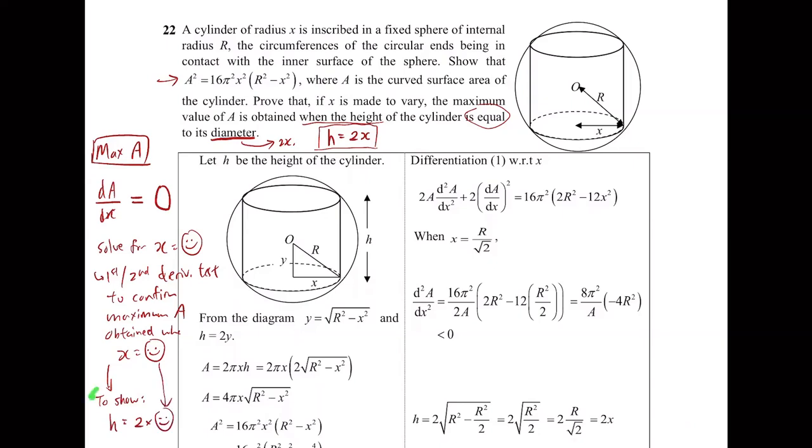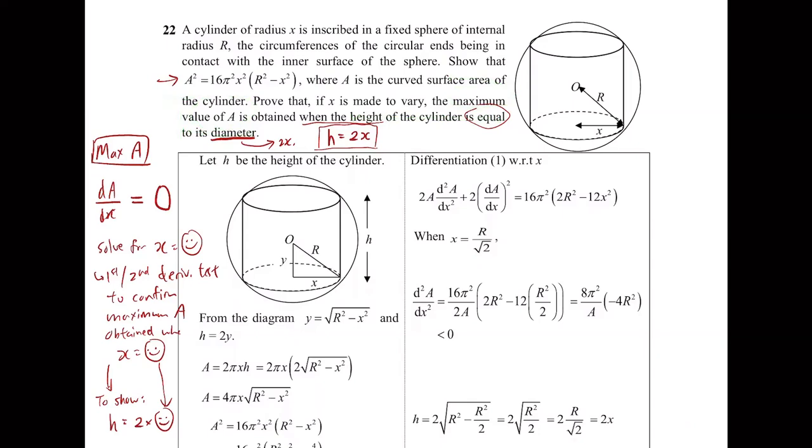Does this make sense? What the question is asking you to do? The maximum of A is actually not the final goal. The final goal is to show that the height of the cylinder equals its diameter in order for you to obtain a maximum value of A. Is the objective here clear?